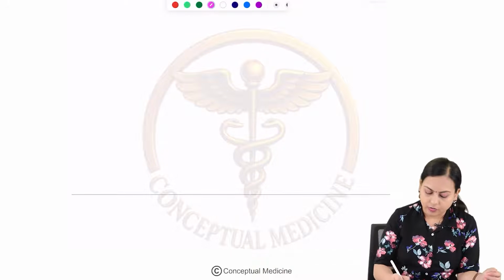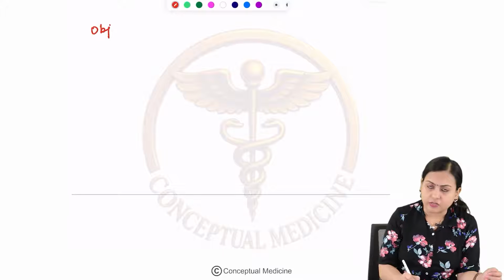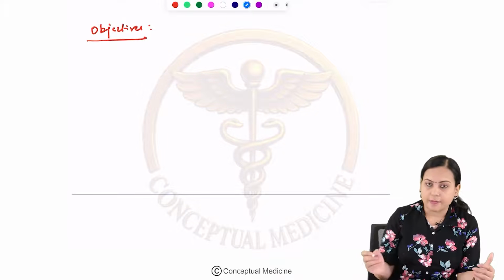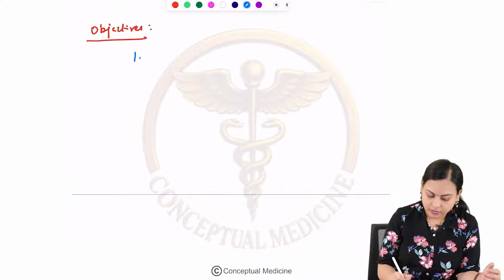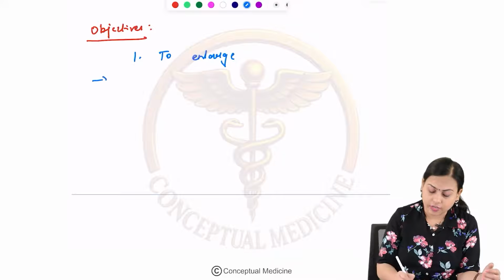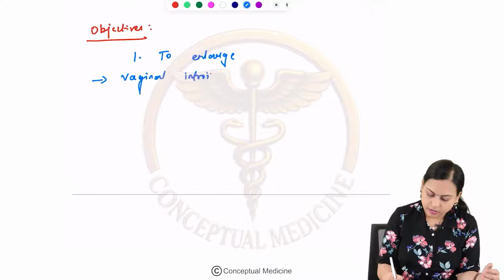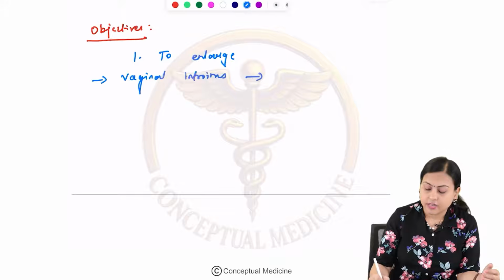Okay. Now we'll see what are the objectives. Why do we give episiotomy? Episiotomy is given to enlarge the vaginal introitus so as to facilitate safe and fast delivery of the fetus.